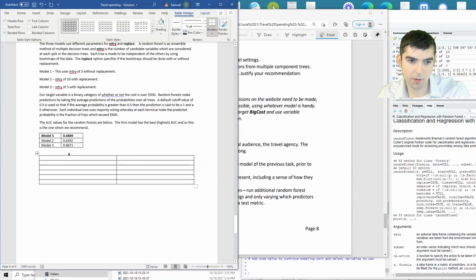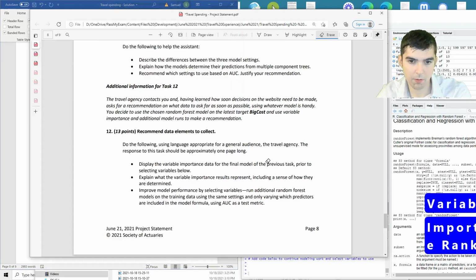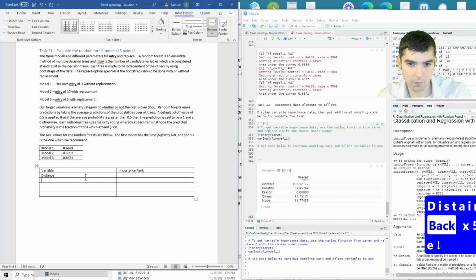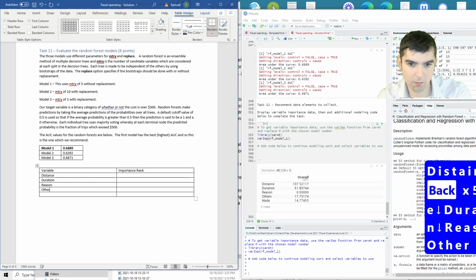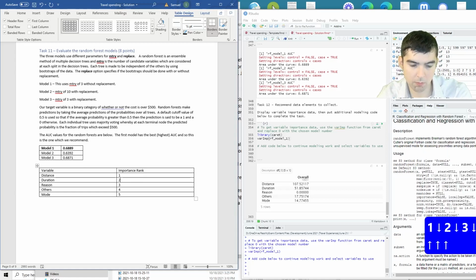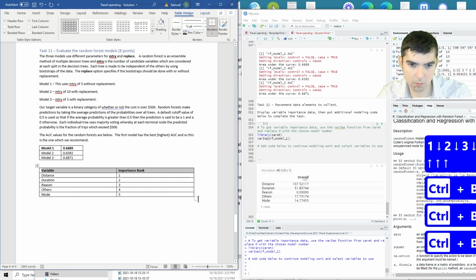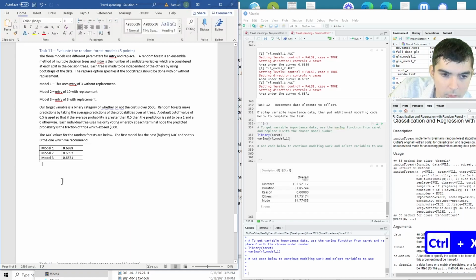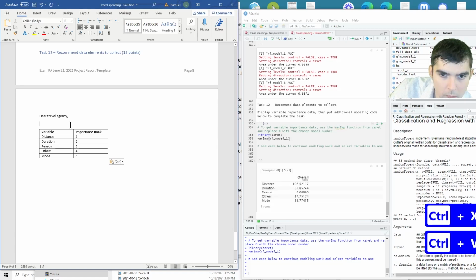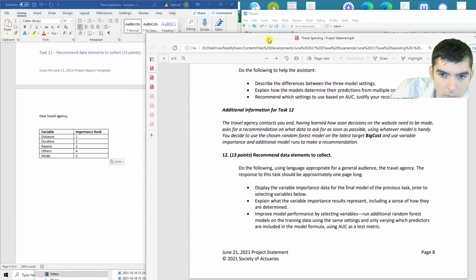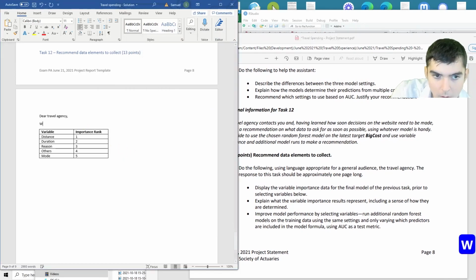They just want to know the variable, and then the importance rank. So the first one is distance.